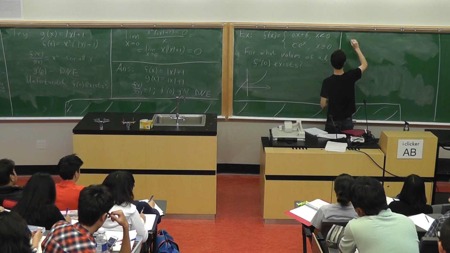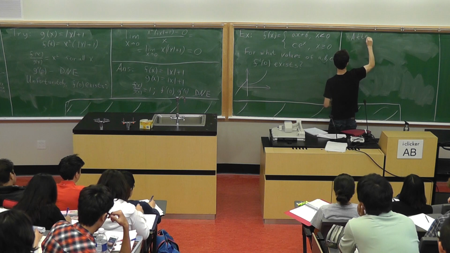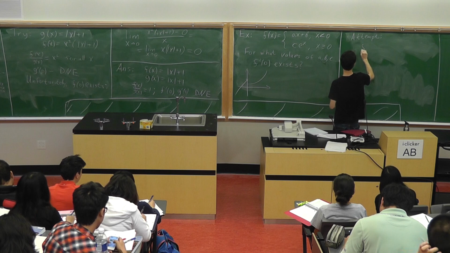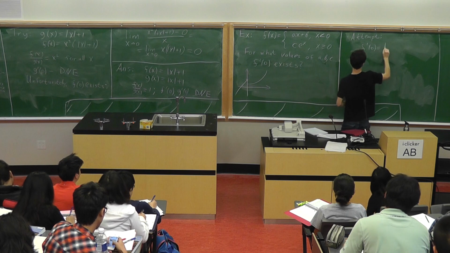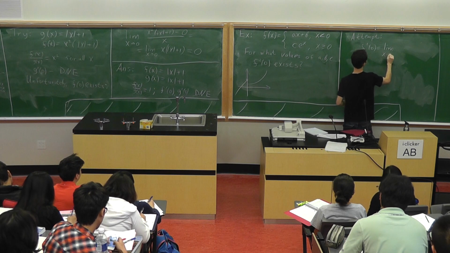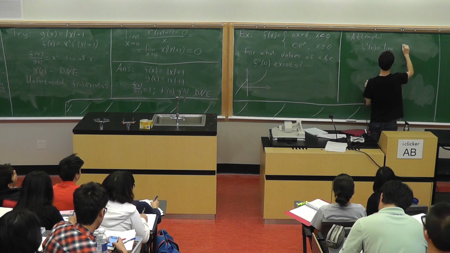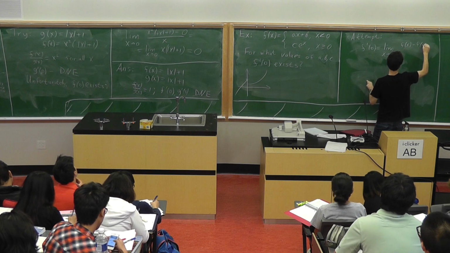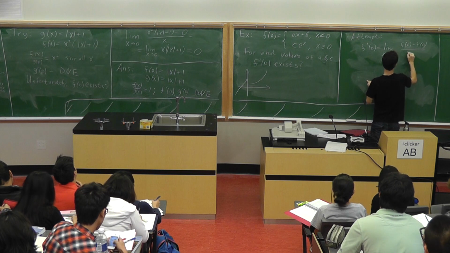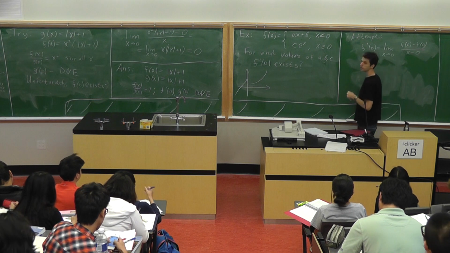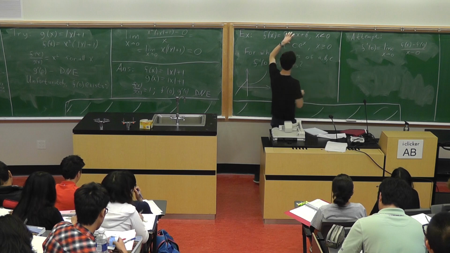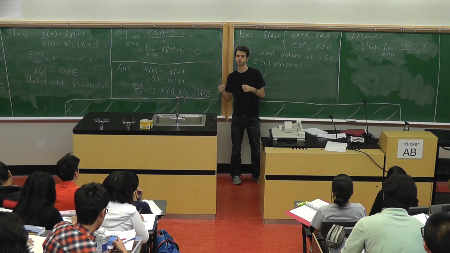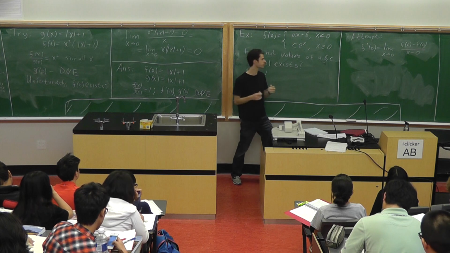So one attempt would be: f prime at the point 0 is the limit as x goes to 0 of f of x minus f of 0 divided by x minus 0. Then we figure out that to compute this limit, we'll have to compute two limits, from the right and from the left, and make them agree.